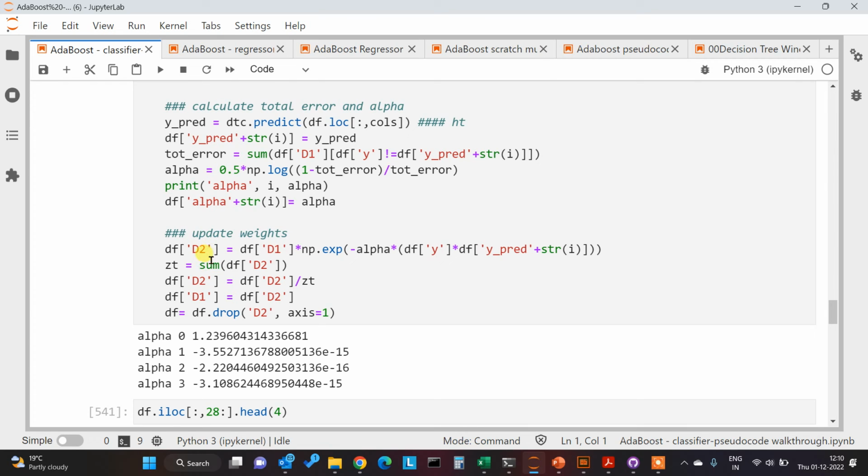Then we will drop the original weight and rename the new weight as D1, so that when the loop repeats, it will use the D1 weight and continue the process. So every time the for loop returns, the weights are getting automatically adjusted through these steps.